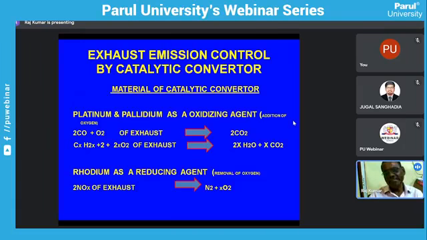In the case of the three-way converter, the rhodium coating is also there. In the two-way converter, two compartments are there. In the three-way converter, three compartments are there. In the third compartment is rhodium, which converts the nitrous oxide into nitrogen and oxygen. Of course, nitrogen is not harmful.